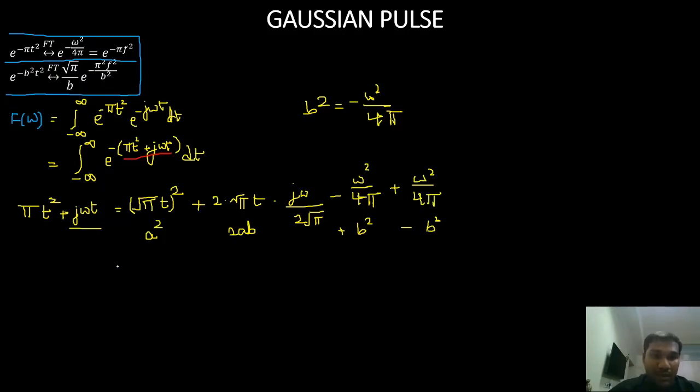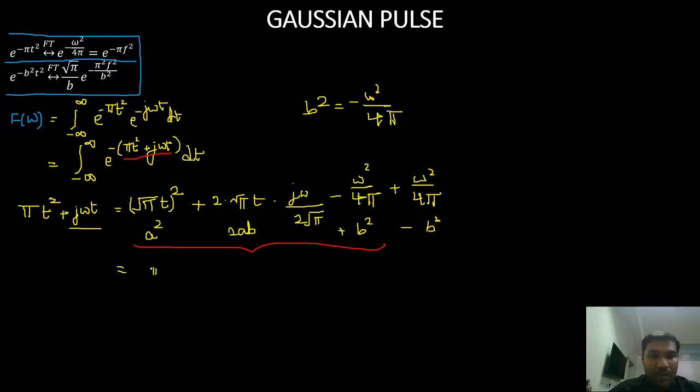So this whole thing can be written as a square plus 2ab plus b square, which is nothing but a plus b whole square. So what is my a?